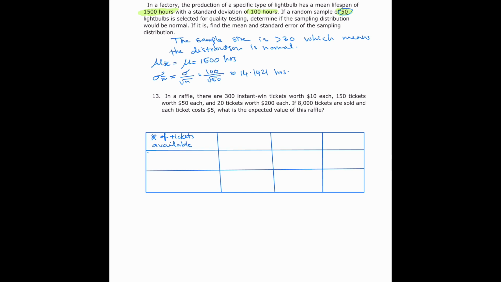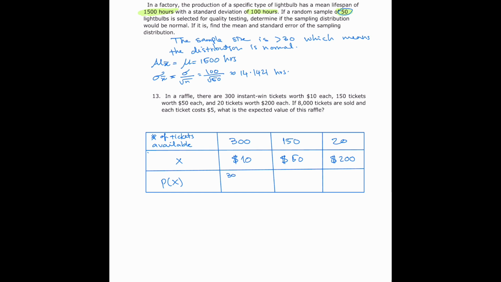That is, we have 300 instant win tickets, and their value is $10 each, or worth $10 each. 150 tickets, and they are worth $50 each. And then finally we have 20 tickets worth $200 each. We're going to find the probability of getting a $10 or $50 or $200. It's going to depend on the number of tickets available.